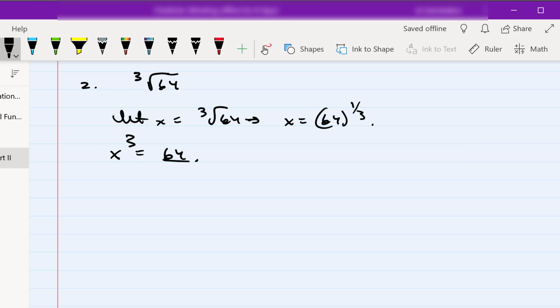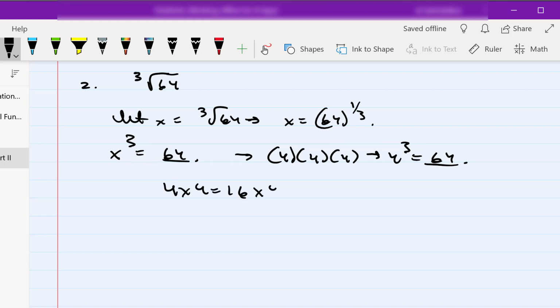Now, if we're very good with multiplication, we can realize that if I multiply 4 three times, that's 64, since 4 times 4 is 16 times 4 is 64, which would imply that x equals 4 is our answer.